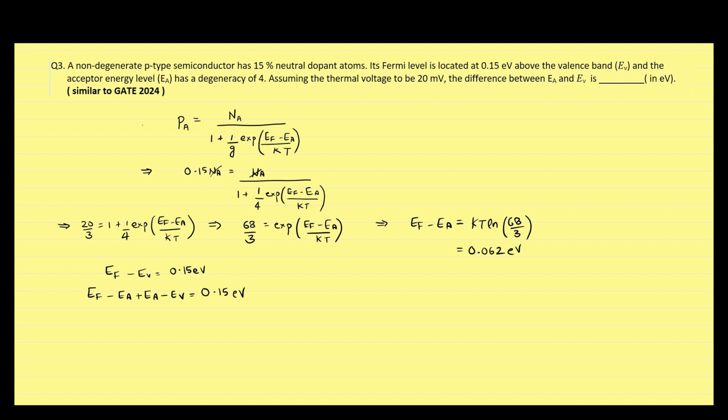EF minus EA we just found out to be equal to 0.062 electron volt, plus EA minus EV is equal to 0.15 electron volt. It gives EA minus EV to be approximately equal to 0.087 electron volt. This is the final answer.